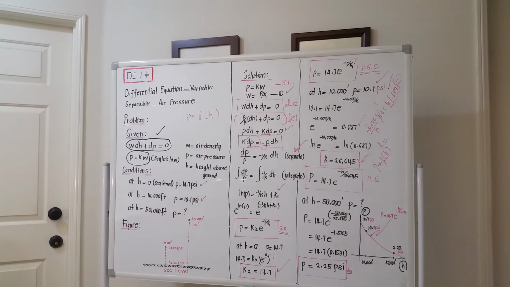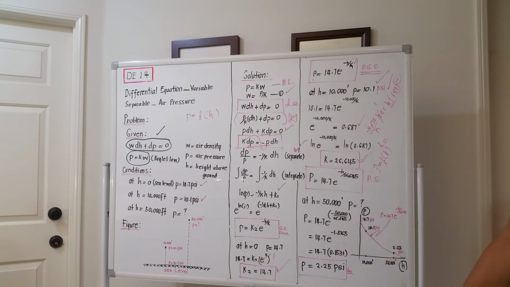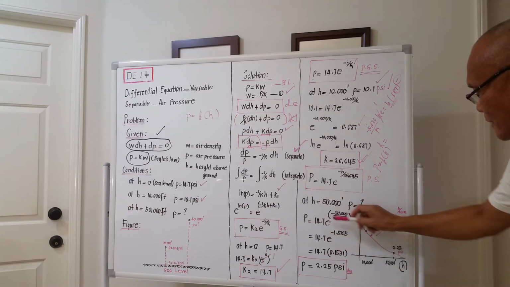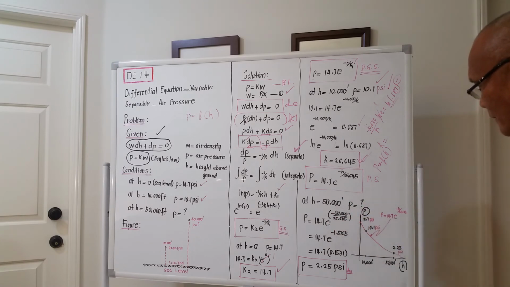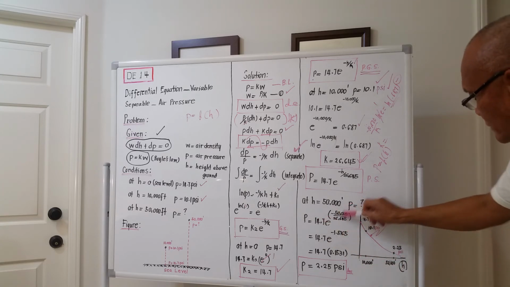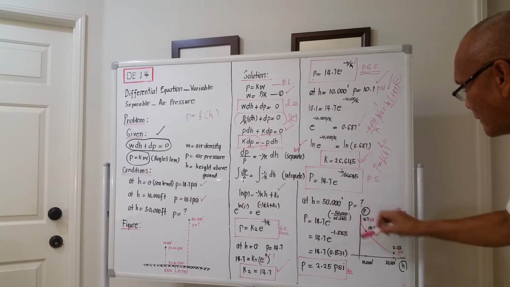Okay, let's try to compute for the unknown. The unknown is at a height of 50,000 feet. That is the height maybe of an F-16 flying to attack somebody. What will be the pressure? We are given the relation. So pressure now will be 14.7 e raised to minus 50,000 over 26,645. This is 14.7 times e to the power of 50,000 over 26,645, which is almost negative 2, or negative 1.8765.